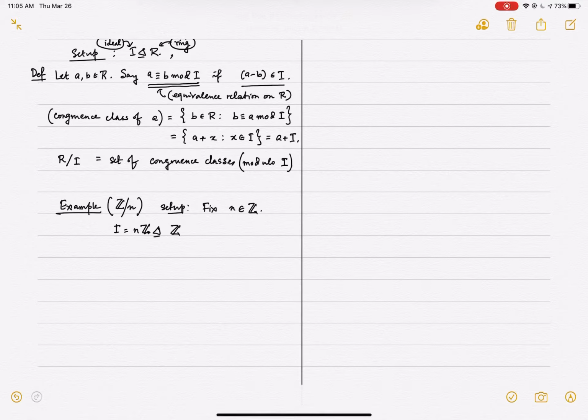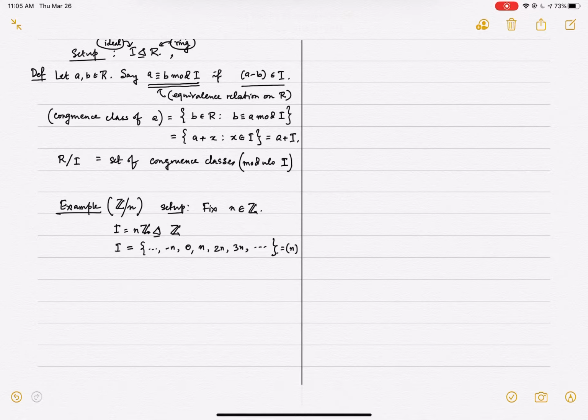So this means all these numbers 0 and n and 2n and 3n and minus n, etc. That's what nZ means. Another notation for the same thing is parenthesis n, the ideal generated by n. So this is an ideal in Z.